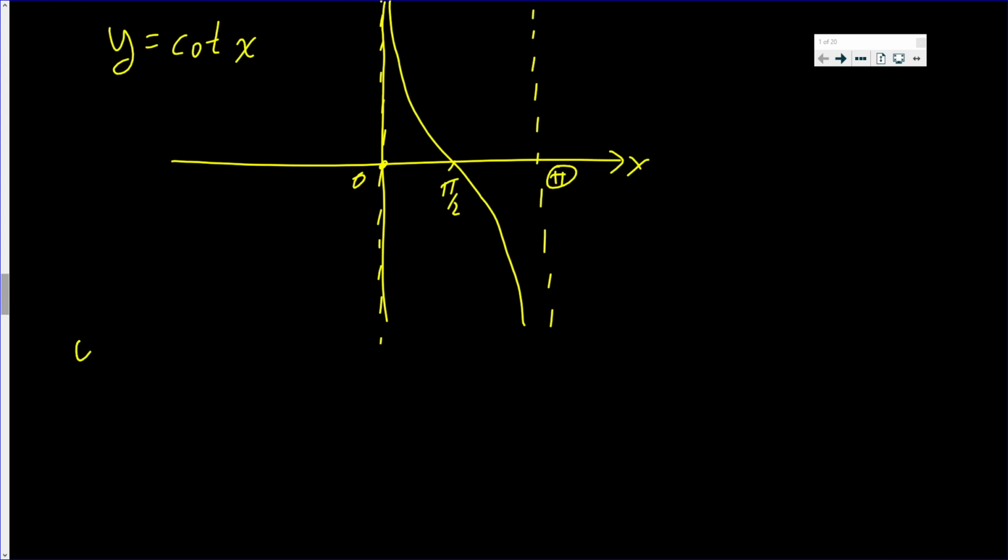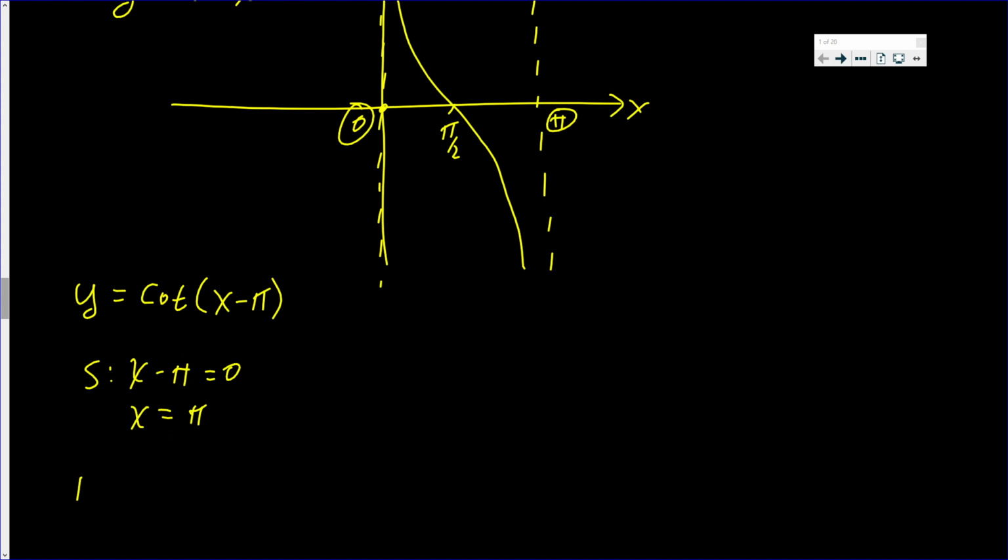So, if you were asked to graph y is equal to cotangent of x minus pi, to start, you would let the angle equal 0, because it starts at 0. So x should equal pi. Of course, we all know that pi take away pi is 0. And it finishes when the angle is pi.